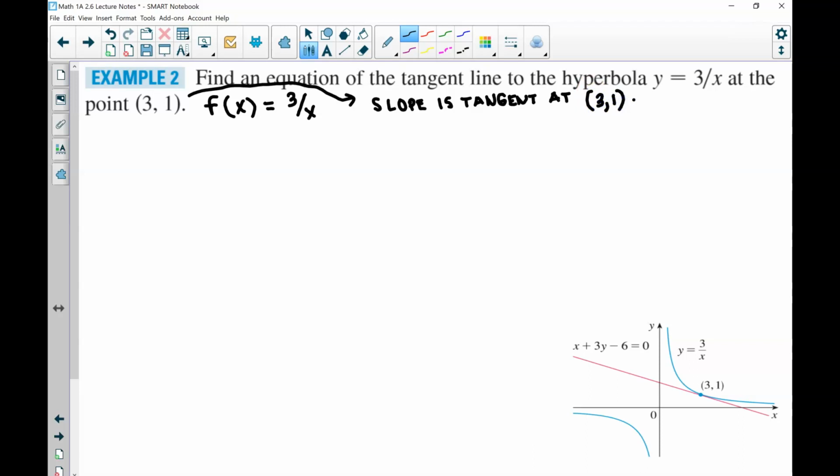And so therefore that tells us that a is equal to 3. Now using that formula, we have the limit.